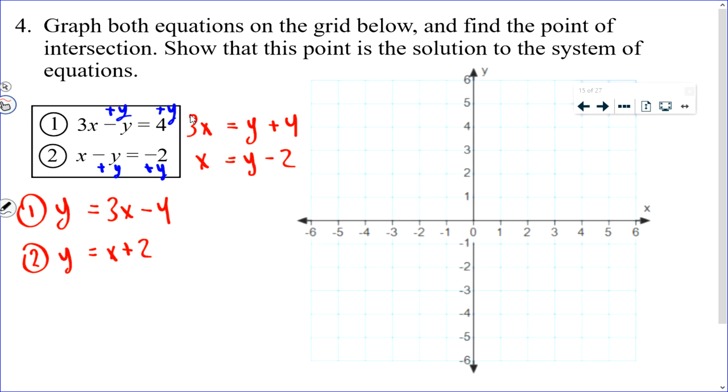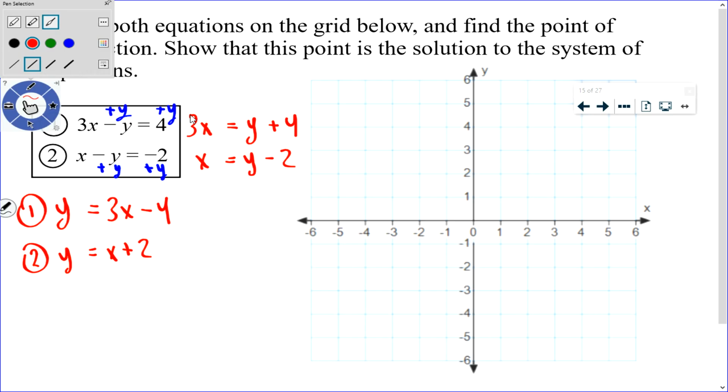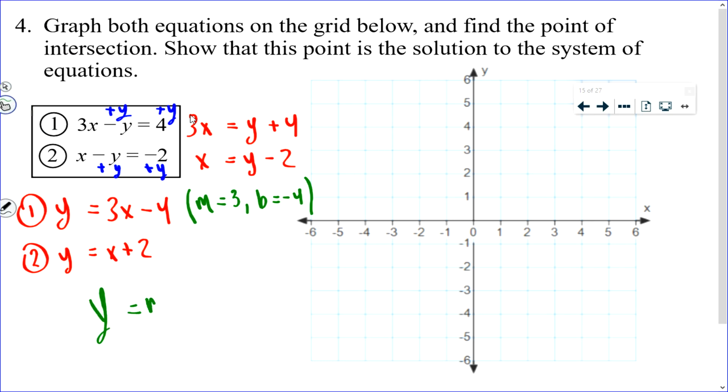I'm just going to put in brackets here beside equation 1, in case you've forgotten, this tells us the slope is equal to 3 and the y-intercept is equal to -4. I'm looking at y equals mx plus b, which is why I rearranged those two equations for y.